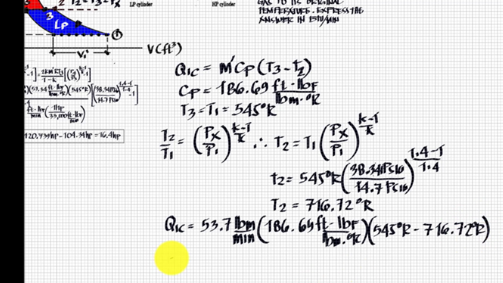Okay, so by pressing your calculator, I have a value of negative 1,721,586.57.